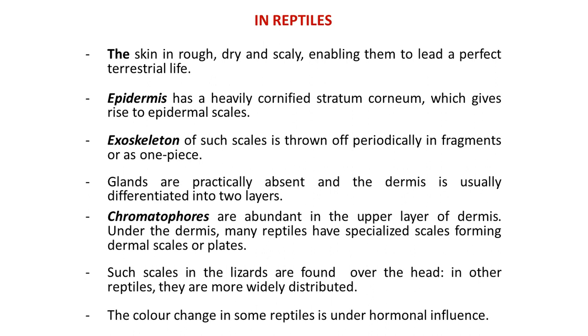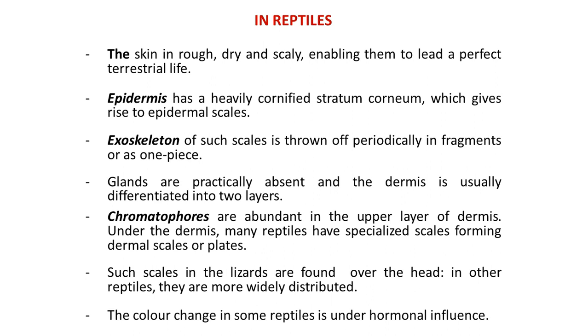The chromatophores are abundant in the upper layer of the dermis. Under the dermis, many reptiles have specialized scales forming dermal scales or plates, like in snakes and calotes. Such scales in lizards are found over the head region.